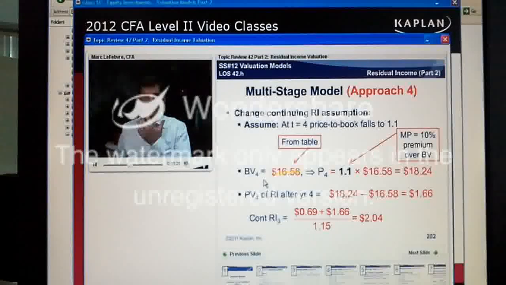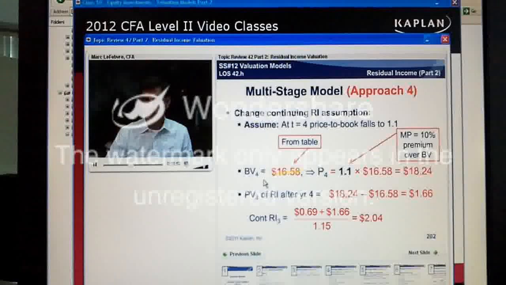If we take that $18.24 minus the book value, we get a premium of $1.66. If we take that $1.66, that premium of price over book, and add it to the year 4 residual income of 69 cents, divide by 1 plus R, then we get the continuing residual income in year 3 of $2.04.